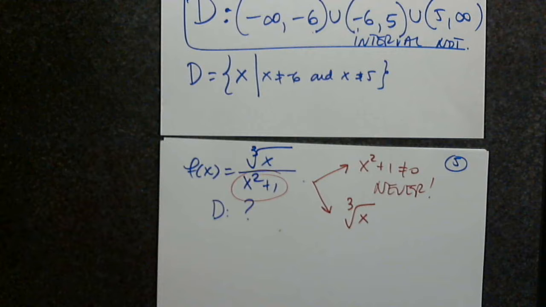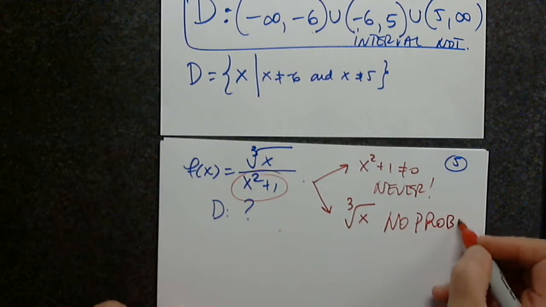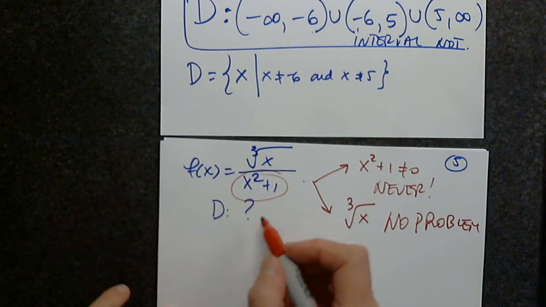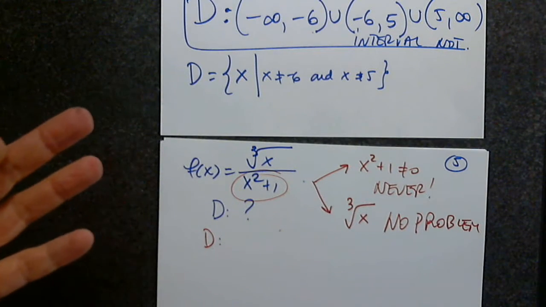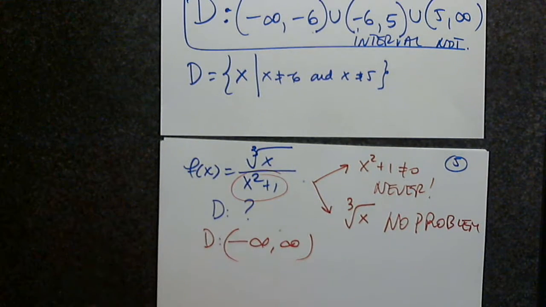So is there ever a problem with an odd index? No problem whatsoever with any odd index. Even index, a different story. But odd index, no problem. So what is the domain of this function? There are no problems. No problems means that's it, all real numbers.